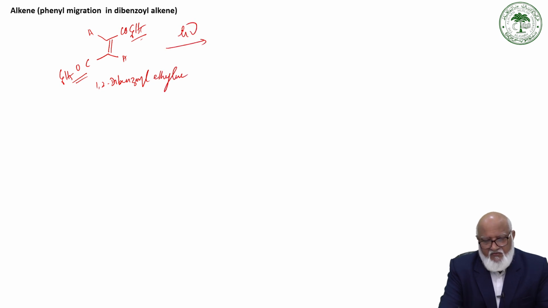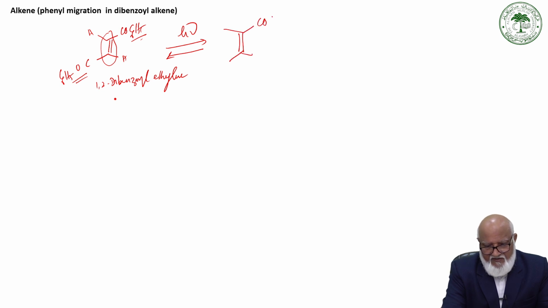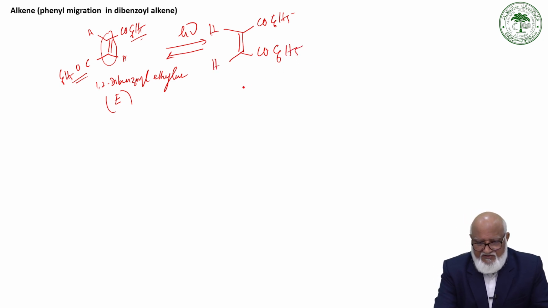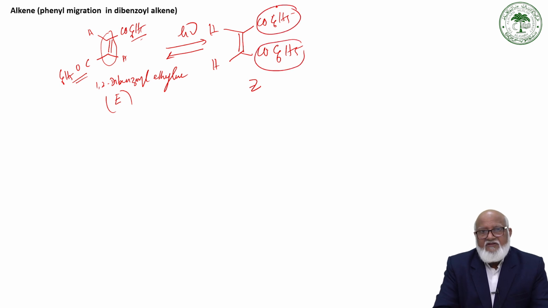Under photolytic conditions, it is reversible, and may undergo cis trans isomerization across the double bond. When we have the COC6H5 trans, we call it the E isomer, and this other one is the Z isomer. So now you have two benzoyl groups in the cis orientation.